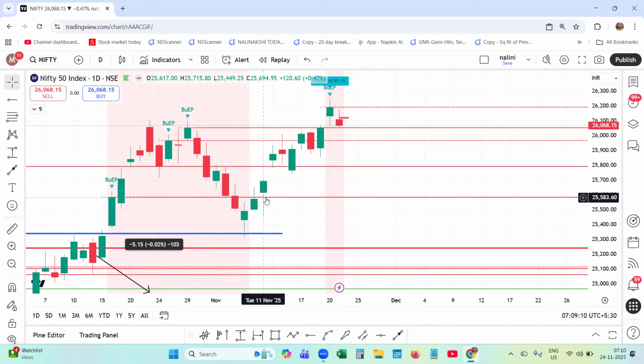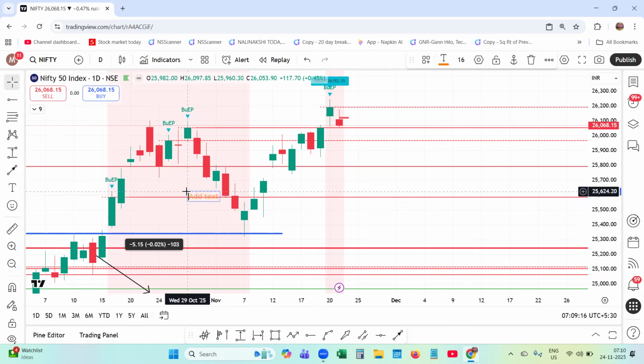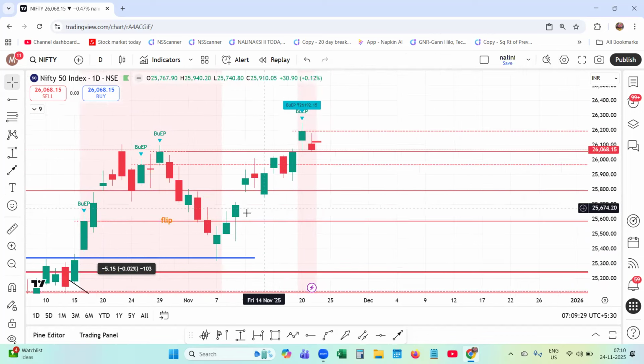That means this is the flip level, the first flip level. This was the resistance, and it became support. Episodic pivot. So these are the bullish episodic pivots which had happened previously. You can see this was the level. A new level was formed and it was broken.